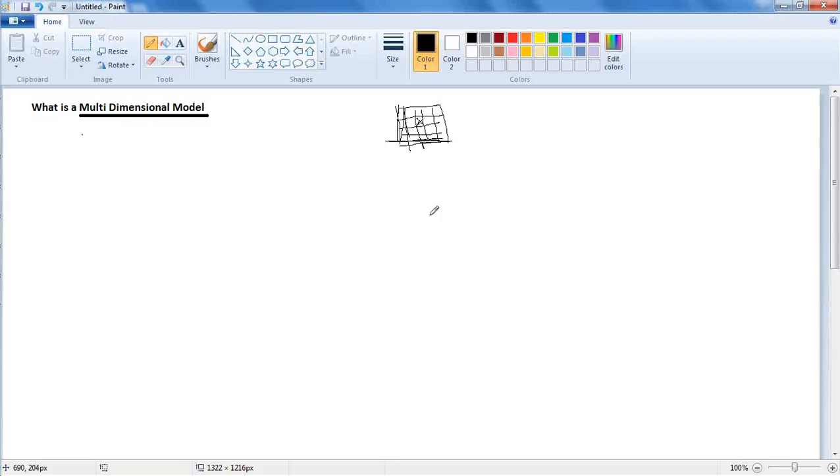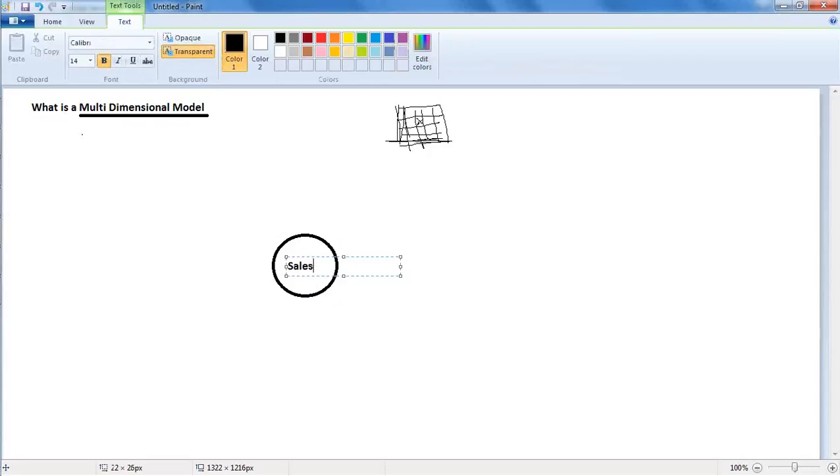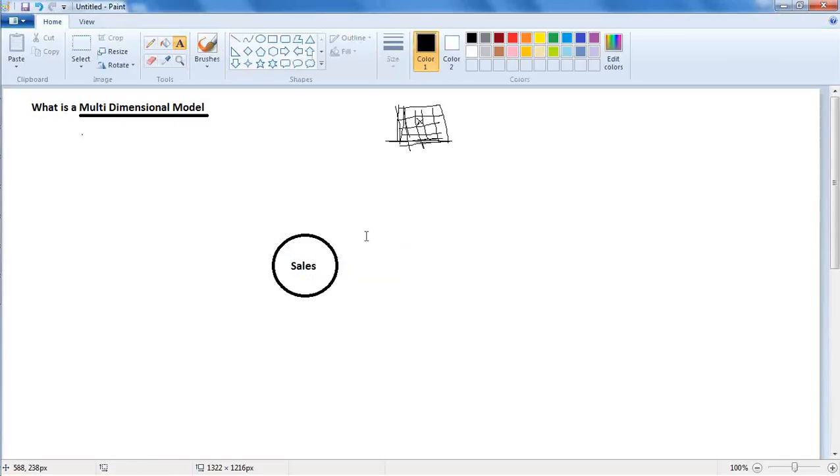Inside our multidimensional model, suppose I would like to analyze something, say sales, where my sales can be analyzed from different perspectives.